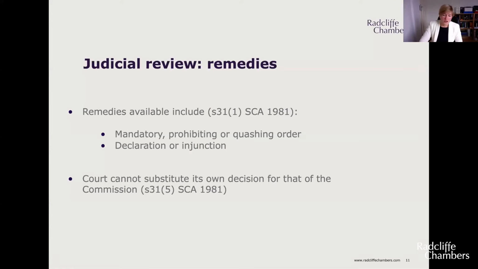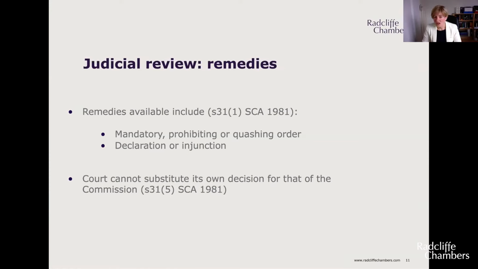So if you are JRing, what are the remedies that you might be asking for? So your remedies are set out in section 31, subsection 1 of the Senior Courts Act 1981. And actually section 31 in general is the section that you need to go to in the Senior Courts Act to look at the powers of the High Court and what it can and can't do on an application for JR. So the remedies that you're going to be asking for in a JR will be either a mandatory, prohibiting or quashing order, or perhaps a declaration or an injunction.